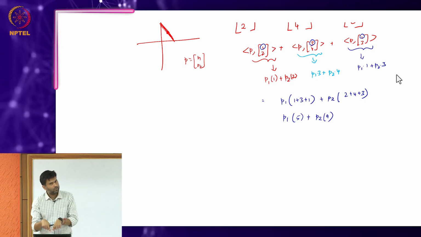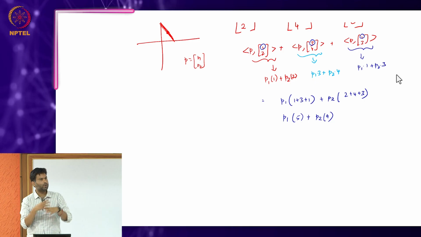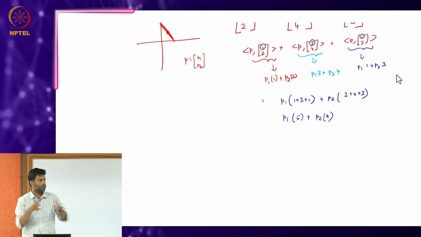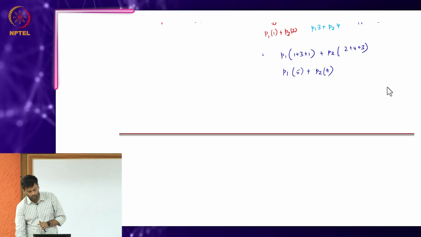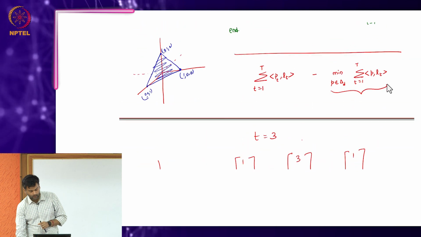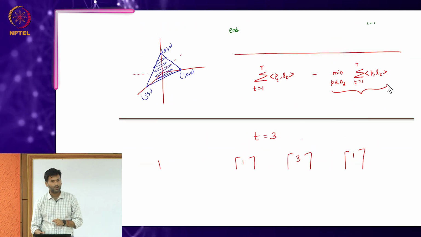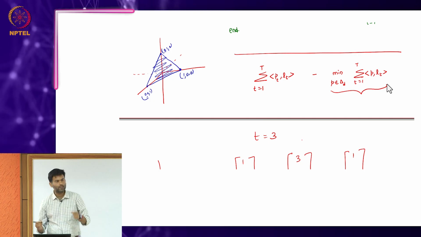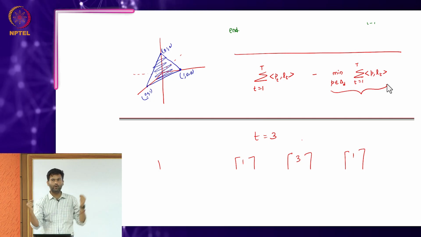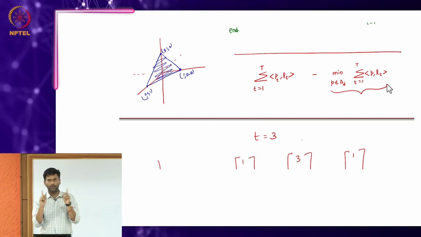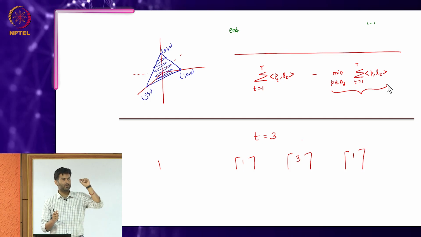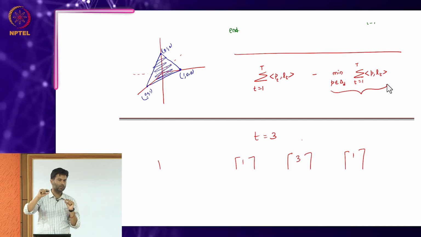Is this specific for this particular example, or is this true in general? This is true in general, right. Which means that though I have written my regret in this case like this, the answer is going to be one of the endpoints of this simplex. There are only d endpoints, right? So in the 2-dimensional case, it has to be either 1 0 or 0 1.